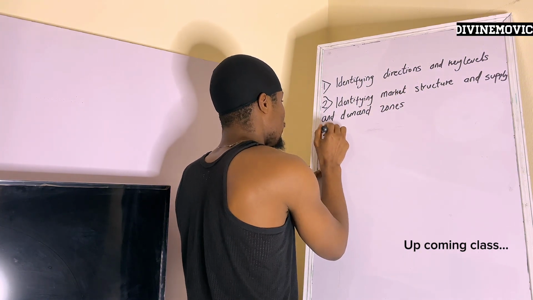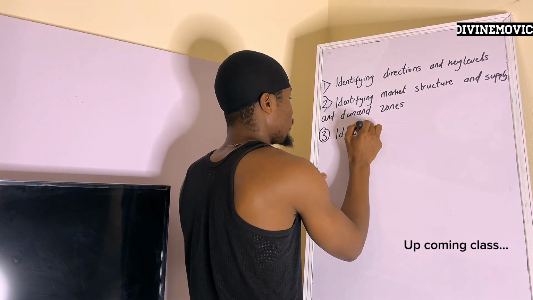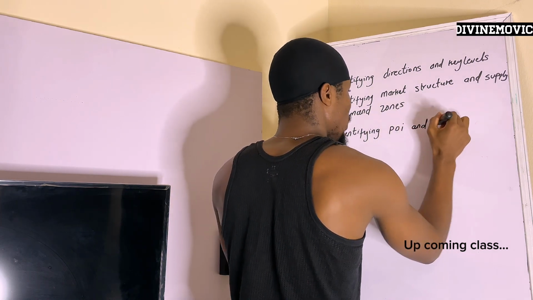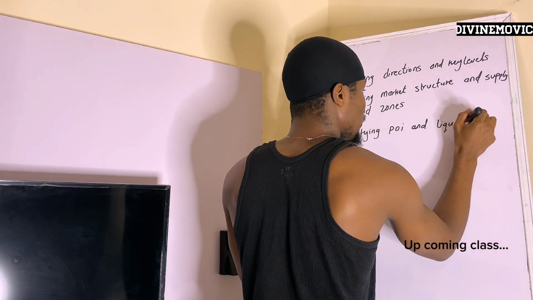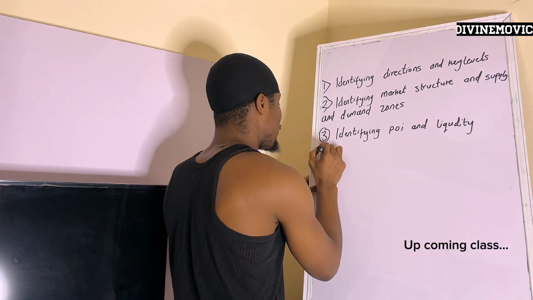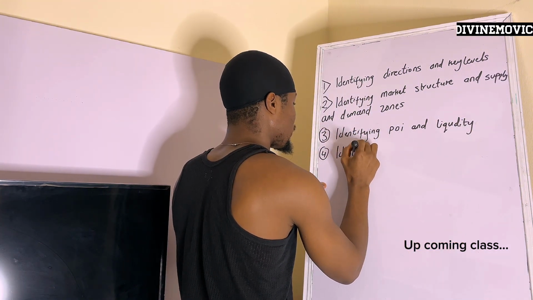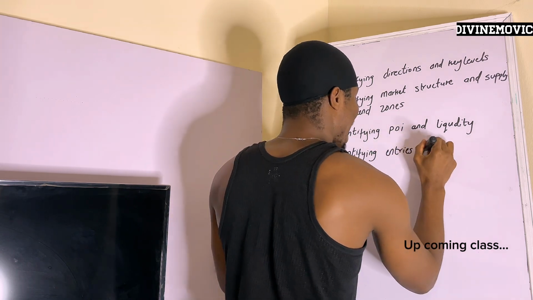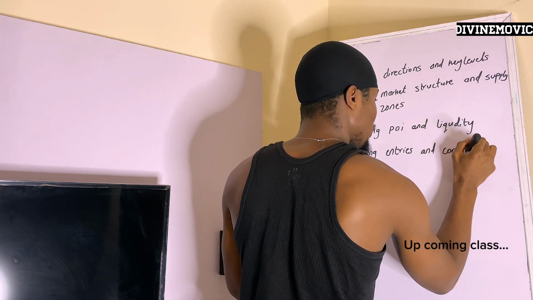Number 3, identifying point of interest and liquidity. Number 4 is simply identifying entries and confirmation.